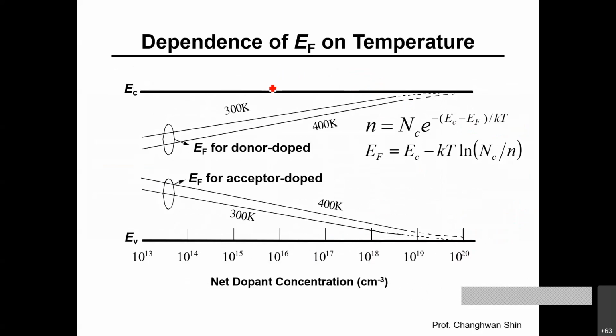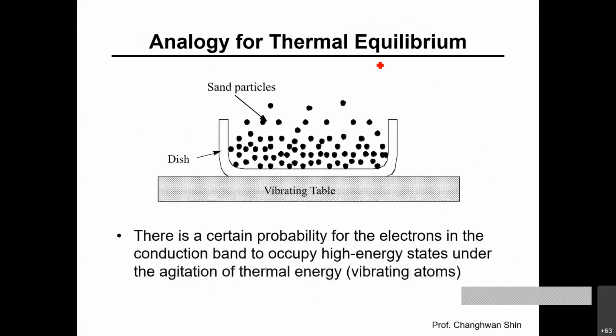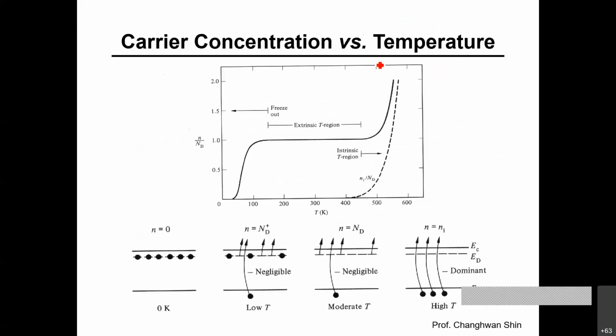Because as temperature increases, let's go back to the slide here. As temperature increases, see here, n is much, much higher than N D. And in the end, at very high temperature regime, see here, n is equal to n i.